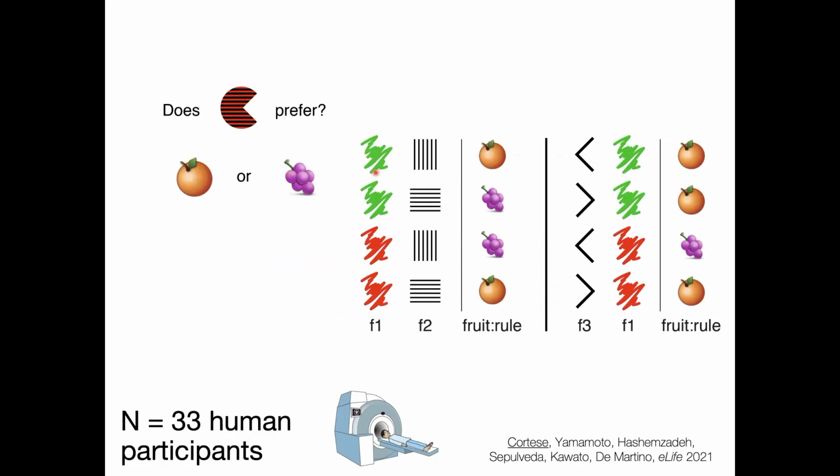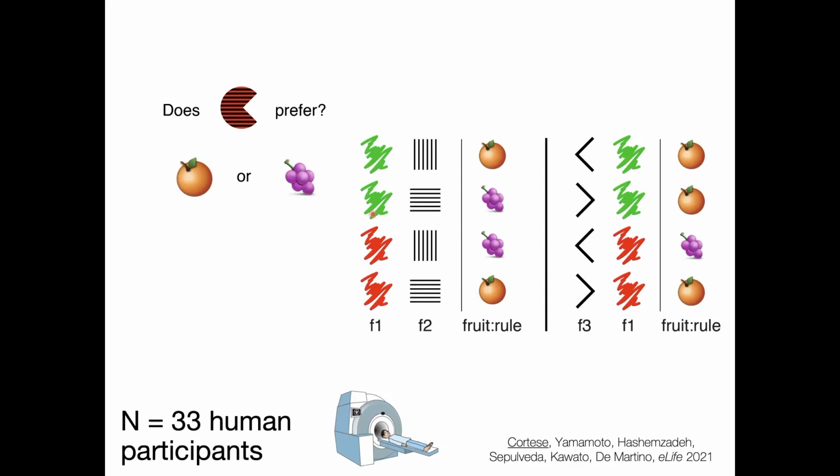The experiment was divided into mini blocks. In every block, only 2 of those features were relevant. In this block, for example, it would be color and orientation. In this block, it would be the side of the mouth and the color. And how this pairing of features relates to the preferred fruit.